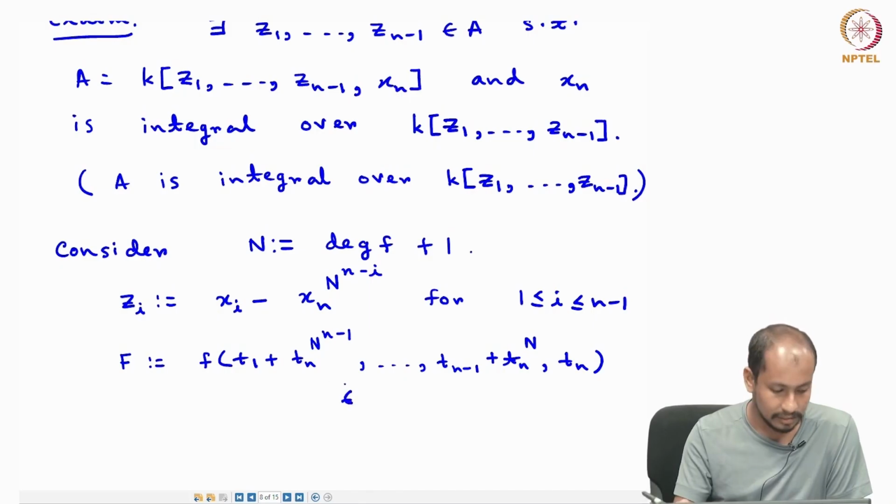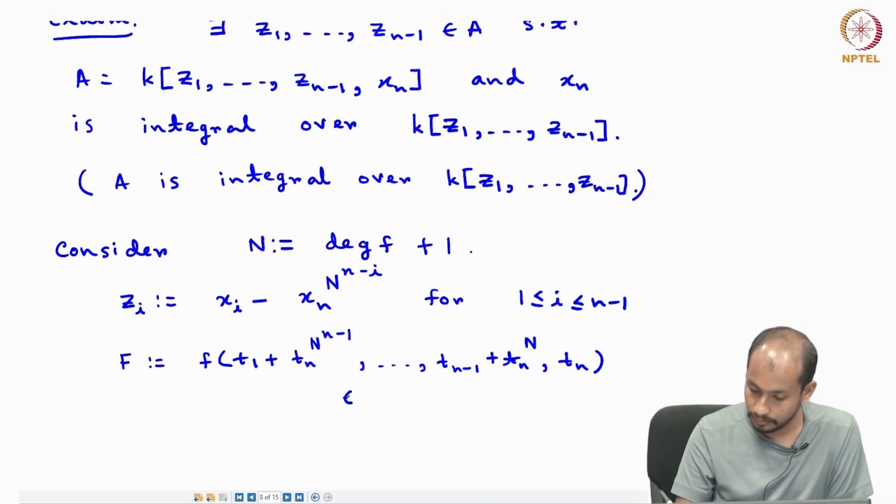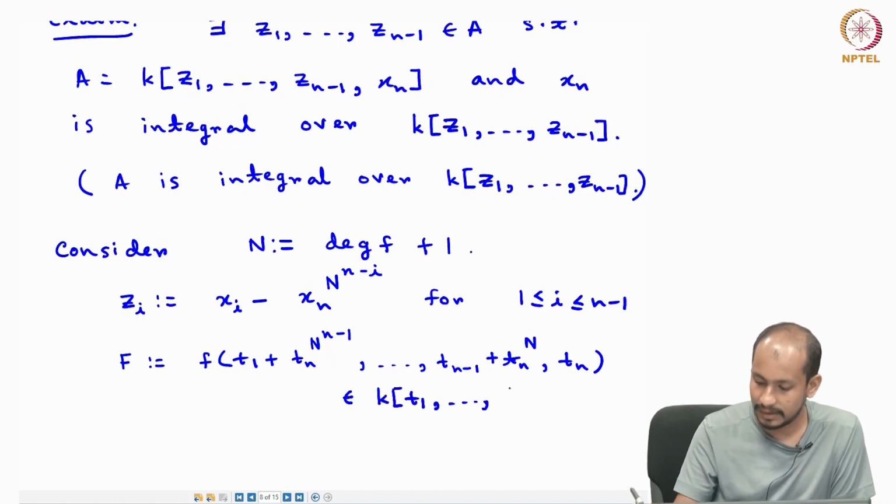So this is also a polynomial in n variables in K[t1 up to tn].